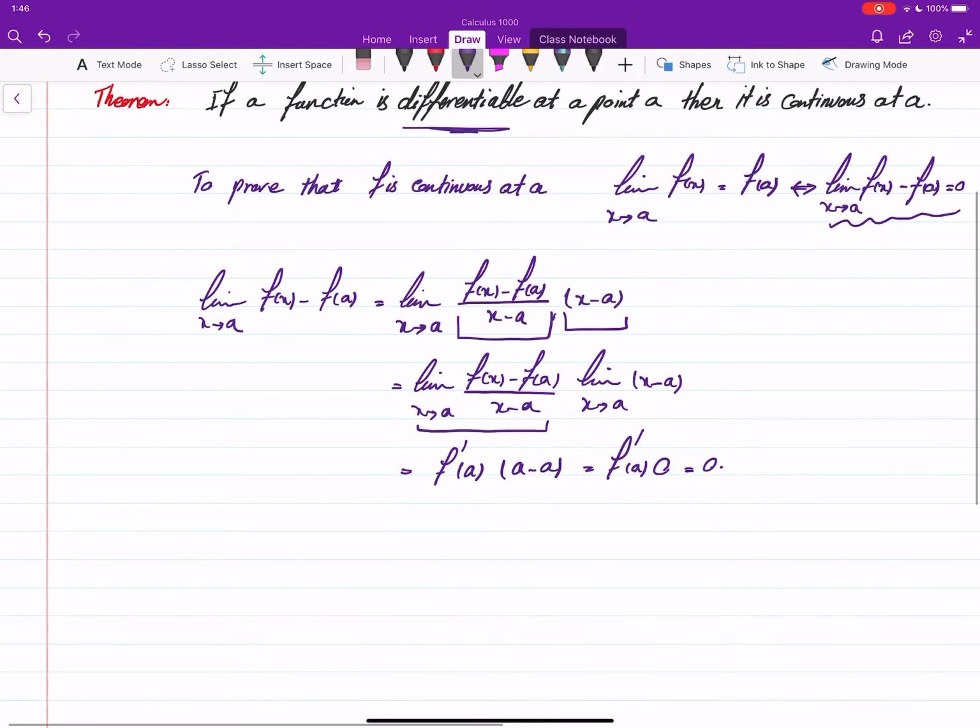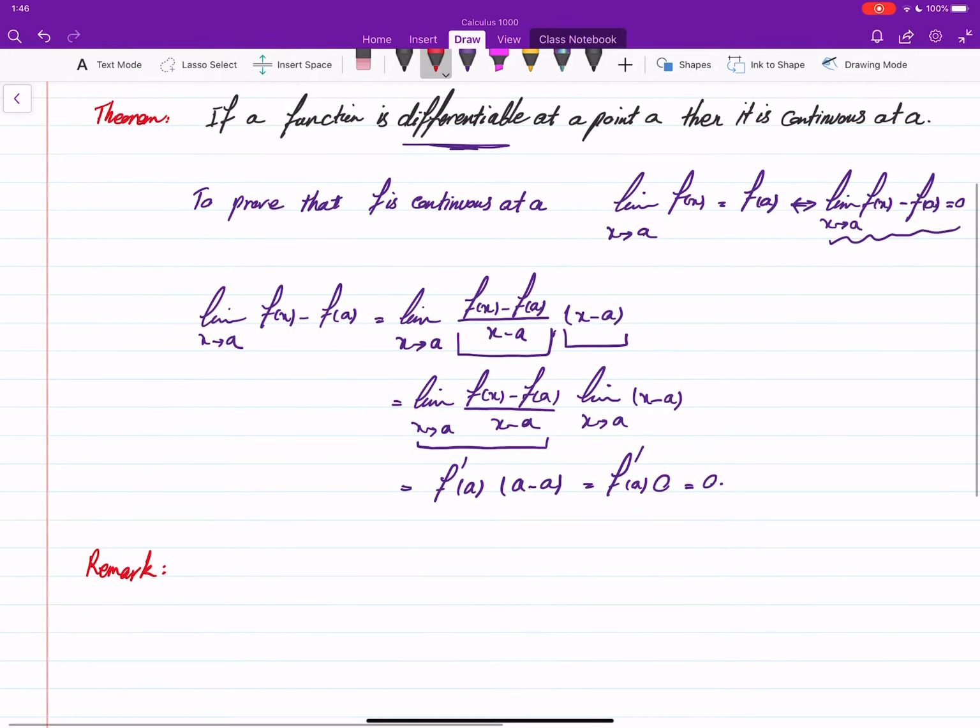Okay, so the remark, something that you may think of: this statement says that differentiability implies continuity. Is the other way around true also? Are all functions continuous at a point differentiable at that point?